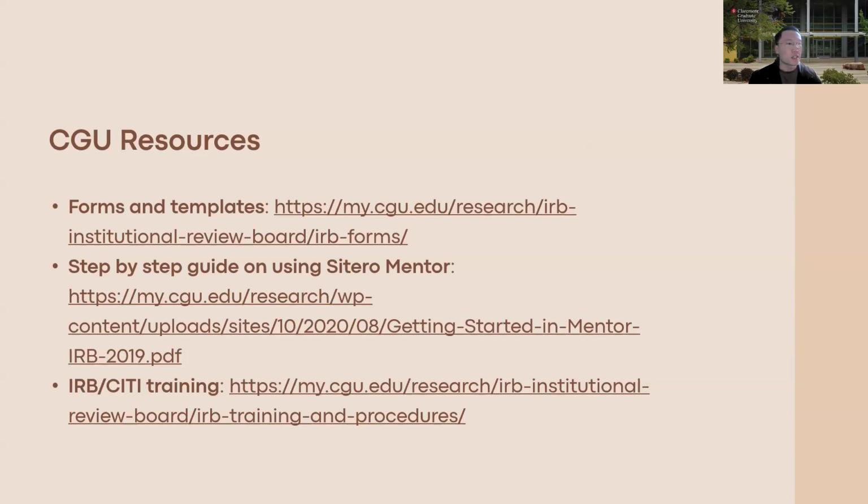So finally, I want to share some CGU resources for when you're preparing for an IRB application. CGU provides standard forms and templates, such as templates for consent forms and research outlines.